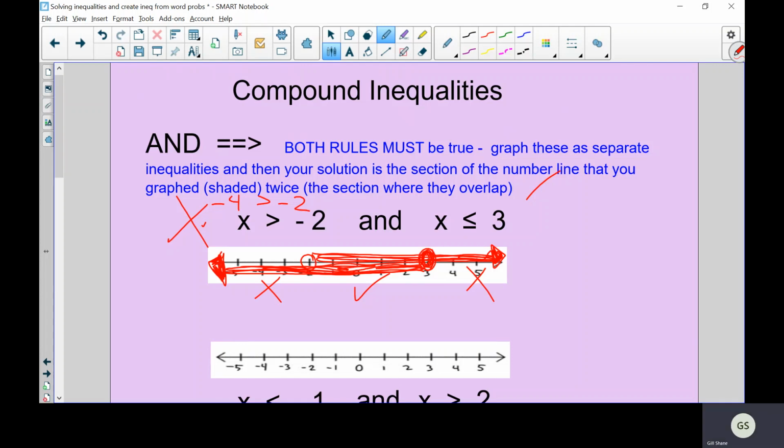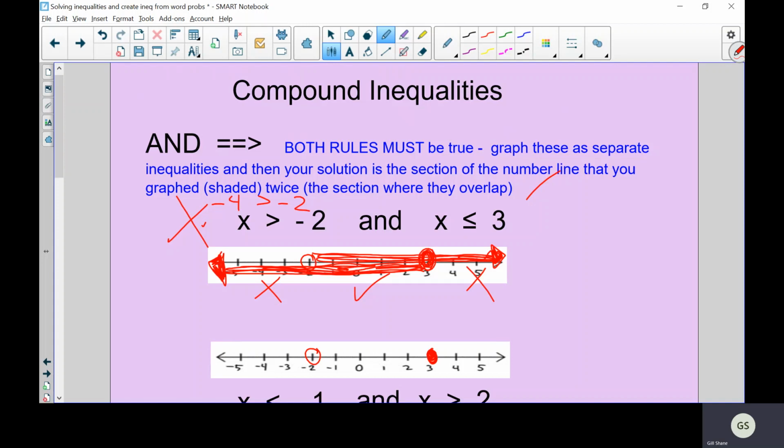The circles are going to be pretty much the same every time. I don't think there's ever a situation where they're not. So it'd be a closed circle there, open circle there, because we could even test it. Does 3 work for both? Is 3 greater than -2? Yes. If I plug in 3 here, is it true that 3 is less than or equal to 3? Yeah, because 3 is equal to 3. So it worked for both. So they're always going to be the same.